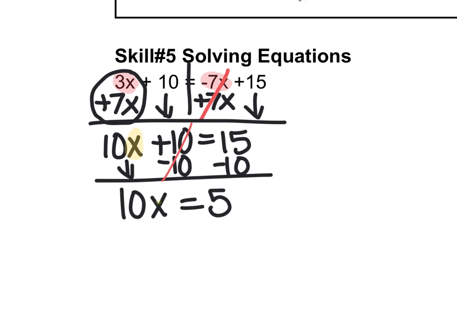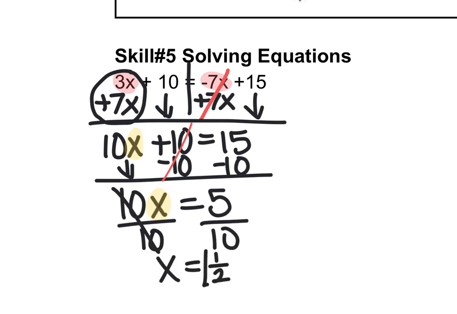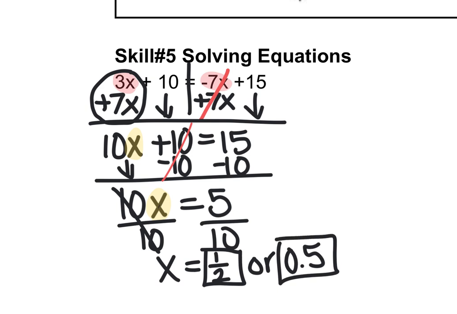Then I have to get rid of the 10 in front of the x. So I'm going to divide. x equals 5 divided by 10, which is 1/2 or 0.5. Pause here if you need to.